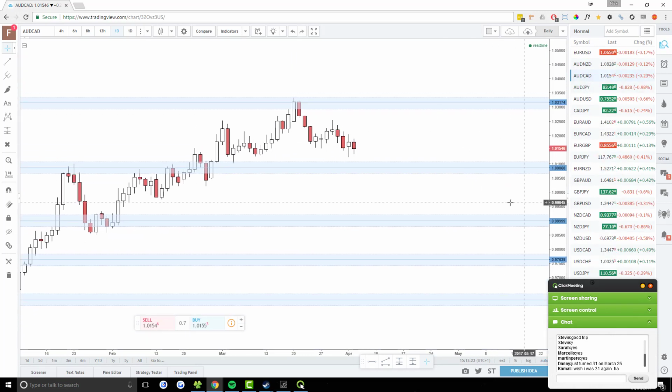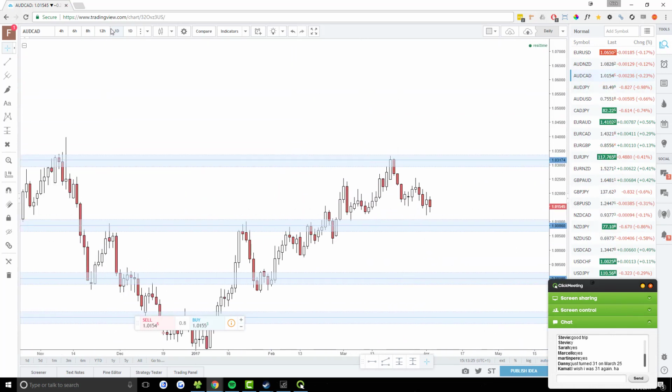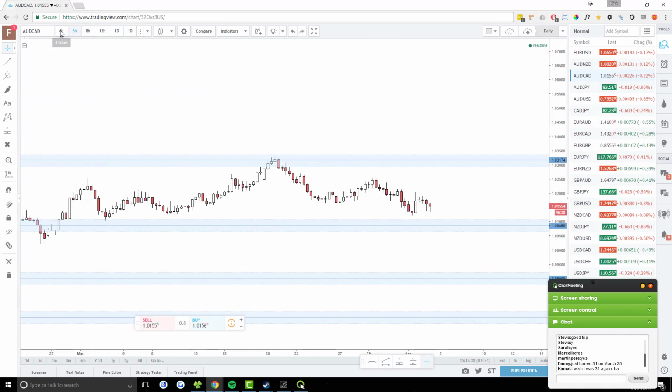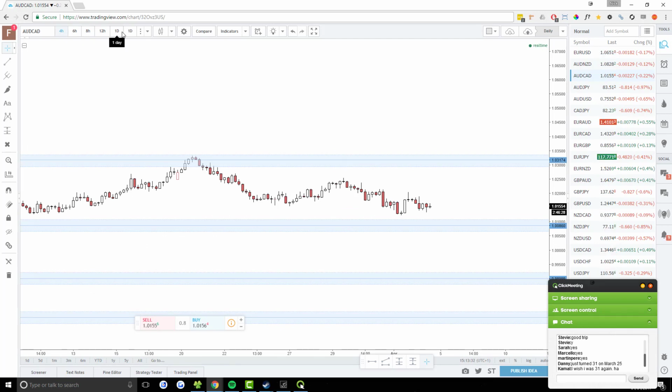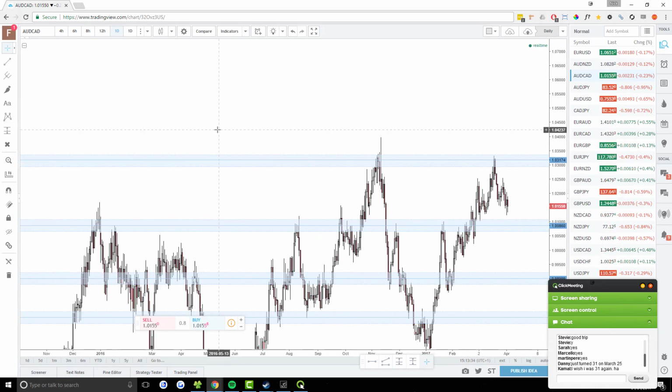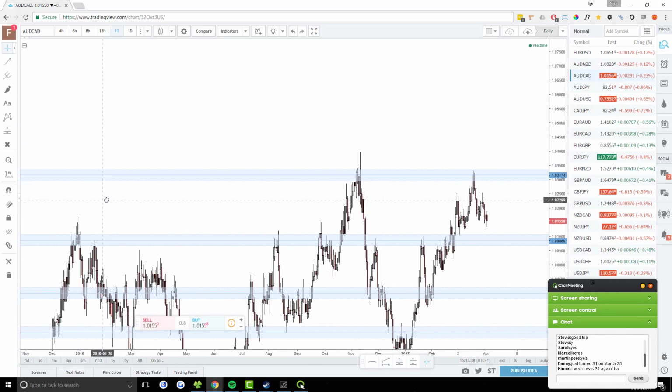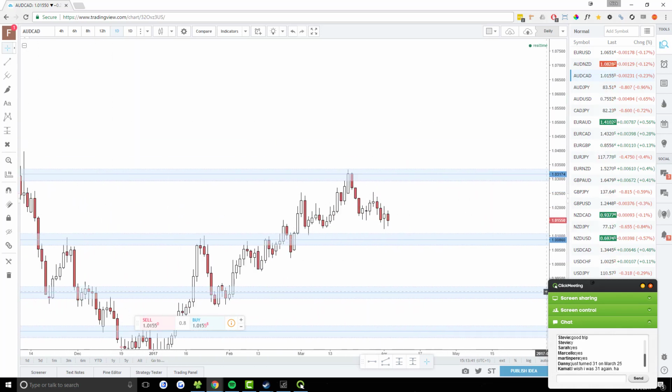AUDCAD, what's up with AUDCAD right now? AUDCAD is headed towards a support area. I'm interested to see what happens when it hits the support area here at the 1.0090, which is pretty much the psych level, the psych level at 1.0100.